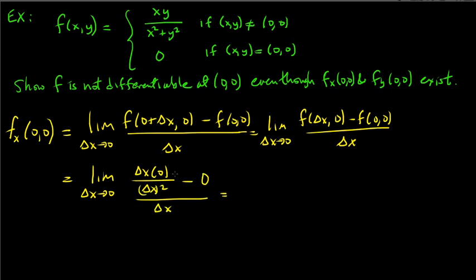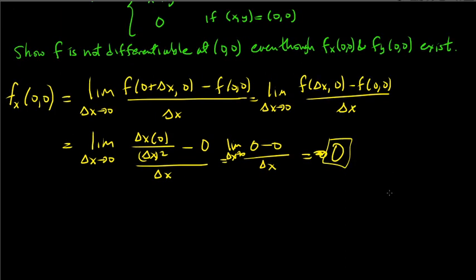So what I think we get is just 0 minus 0 divided by delta x, which is 0. Oh, I forgot to write the limit here. Oops, my bad. But you're taking the limit of 0, which is 0. Okay, so the x partial derivative exists, it's just 0.